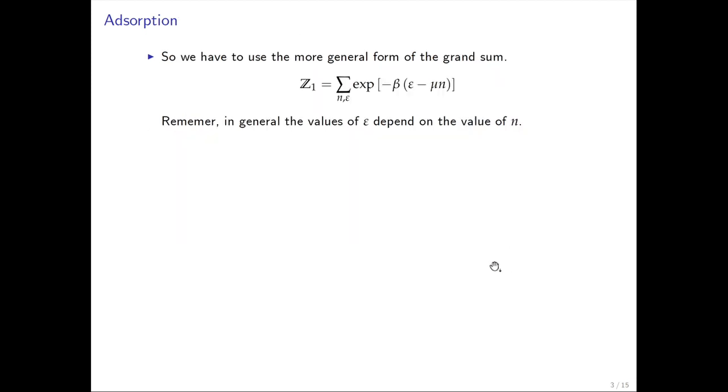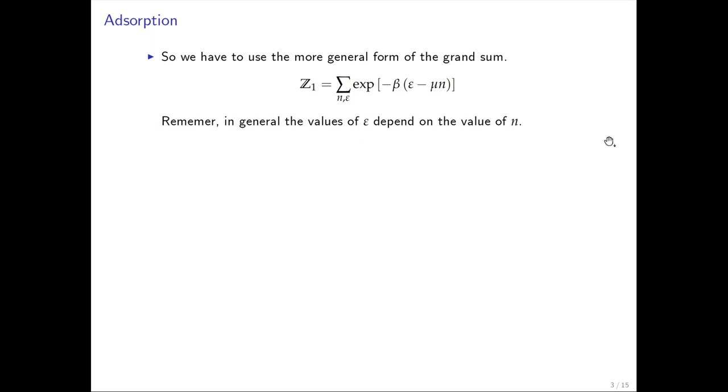The more general form of the grand sum, if you look back at last lecture, we'll write for one site: we sum over the number of particles, and we sum over the energies of those n particles. This Gibbs factor, as it's sometimes called, is the exponential of minus beta times epsilon minus mu n.